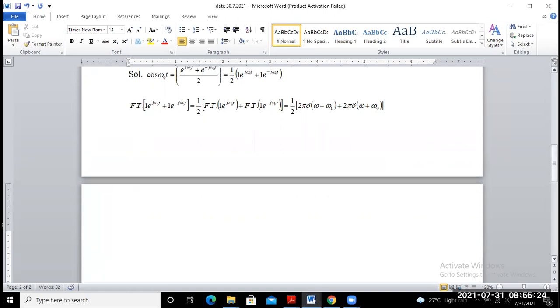That means the Fourier transform of this one, with the 1 by 2, can be written as pi delta omega minus pi delta omega naught, is it not?